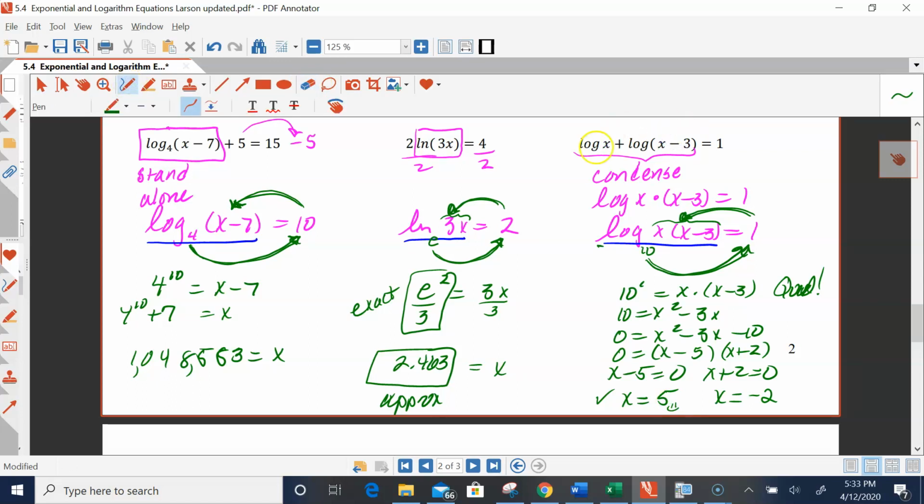So let's replace the x's with a negative 2. So I'll have the log of negative 2 plus the log of negative 2 minus 3. That means I'm taking the log of a negative number. Log of negative 2 is the log of a negative number. This guy doesn't work, so he is not part of the solution set. Only x equal to 5 would be our solution.